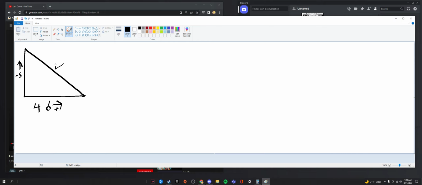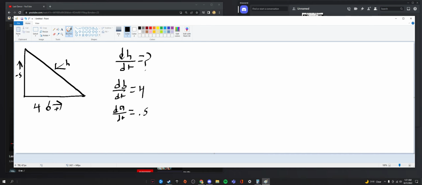Because I want to label the hypotenuse h, we're going to say the height is a, just for Pythagorean theorem sake. So what we're really looking for is the rate of change, otherwise known as dH on dt. And we know that dB on dt is equal to 4 and dA on dt is equal to 0.5.